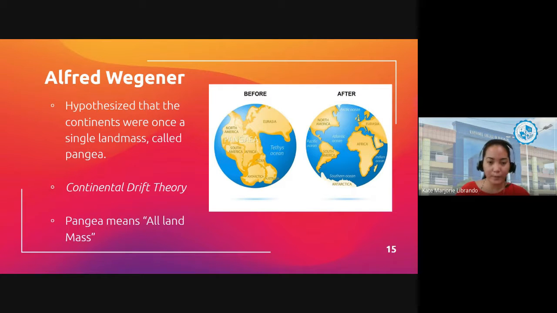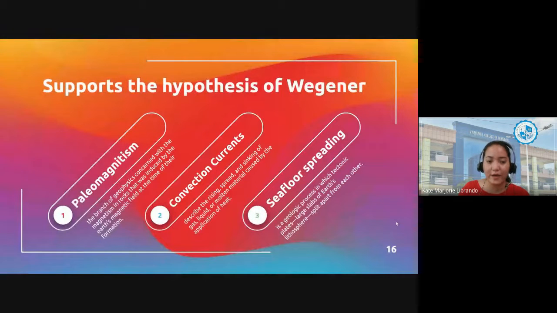As time went by, many scientists tried to explain the continental drift theory, and they discovered evidence that supports Wegener's hypothesis.